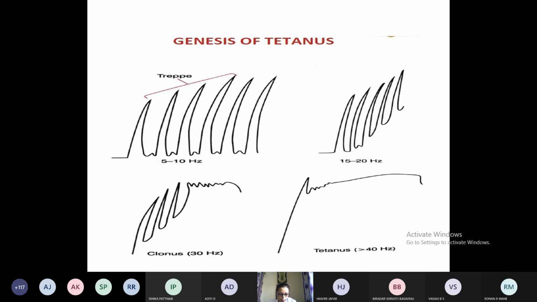And when there are periods of incomplete relaxation between the summated stimuli, that is called incomplete tetanus. Here, the initial part is the best example of incomplete tetanus, and the later part shows complete tetanus. Okay. So this is about the genesis of treppe, clonus and tetanus.